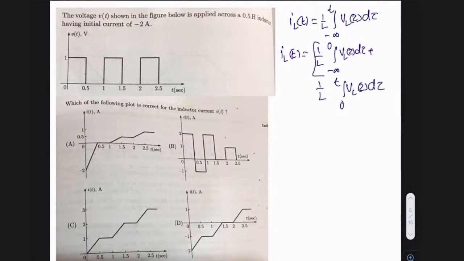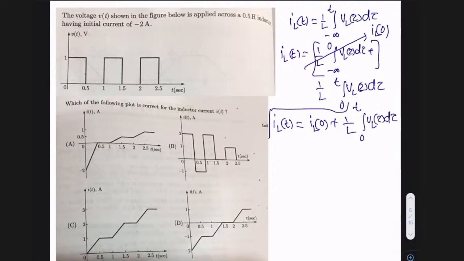The first term here is nothing but your initial current, which we call IL0. So overall, ILT is IL0 plus 1 by L, integration 0 to T, VL tau d tau. This is what your ILT relation is.